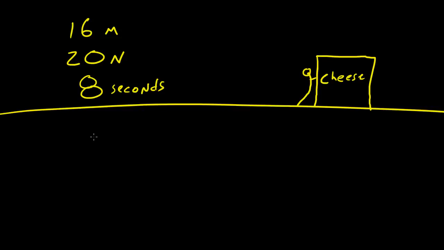Let's think of what we know already. We already know that power equals work over time. However, we do know that work equals force times displacement. So before we can calculate the power, we first need to calculate the work.